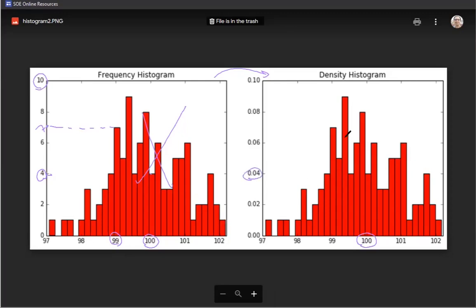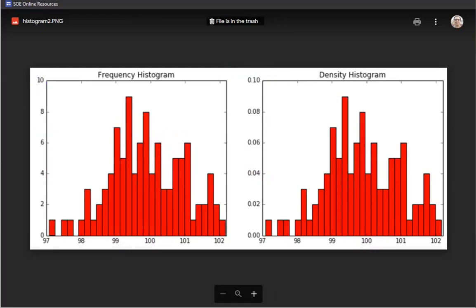The likelihood of values around here is pretty probable, closer to 0.1. So use a density histogram because it gives us better information compared to a frequency histogram. It tells us about the likelihood directly. You can easily do that by scaling the whole thing, dividing by the whole number.